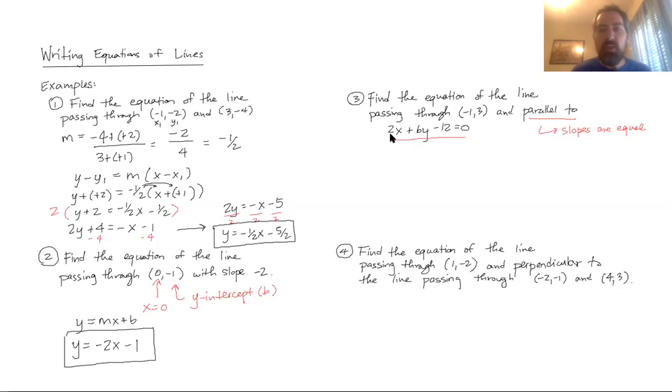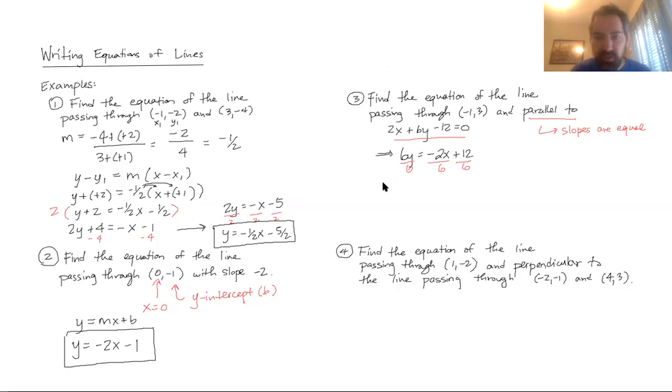That means we would subtract 2x from both sides and add 12 to both sides. So we have 6y = -2x + 12. And then solve for y to get it in slope-intercept form. So we're dividing everything by 6.